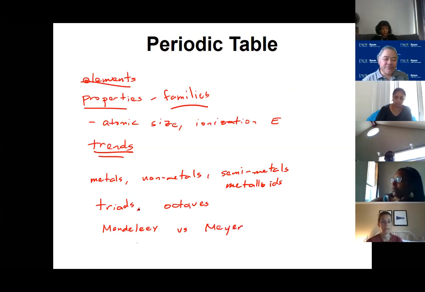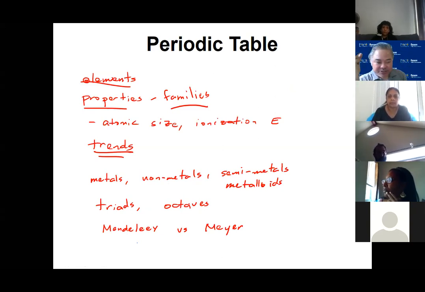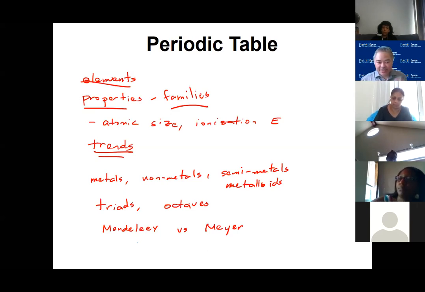So the triads, what they usually did before, there's a guy who classified the elements known, and he found out there are some elements that have the same properties. When you group them together, they form a triad. The middle element has the average of the atomic weight of the first and the third element.